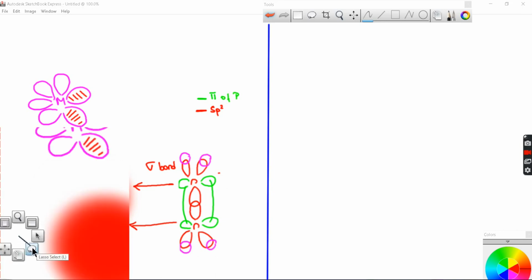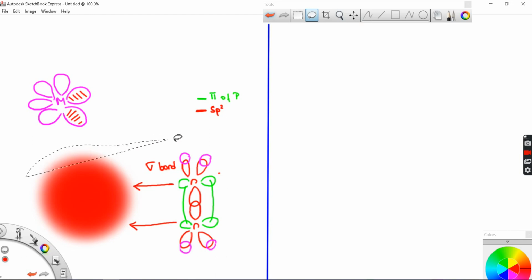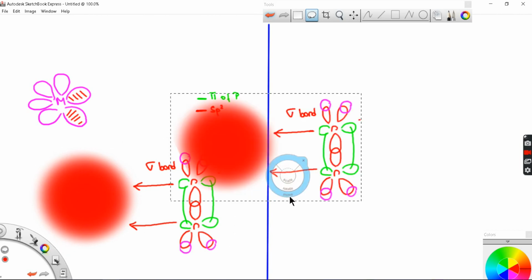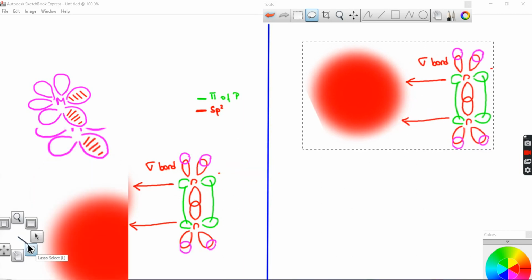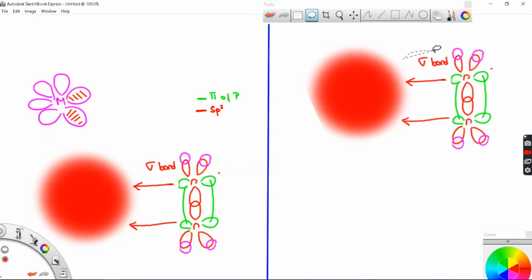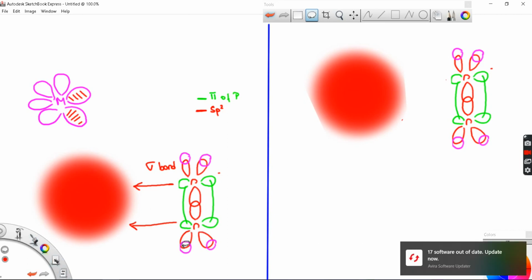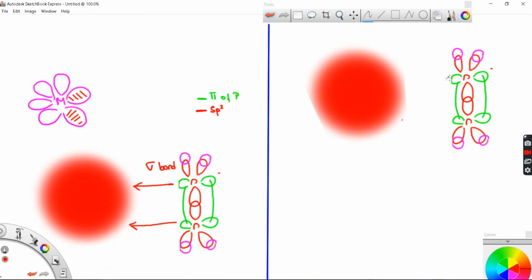We can have another figure where the donation is different. So the donation is between p orbitals of C2H4 in this way.